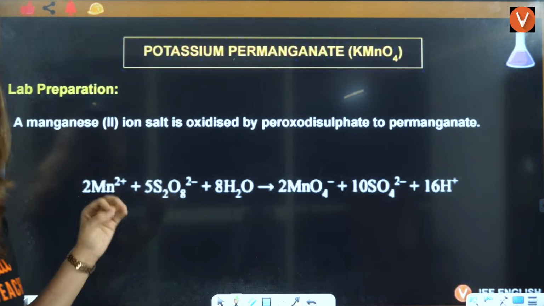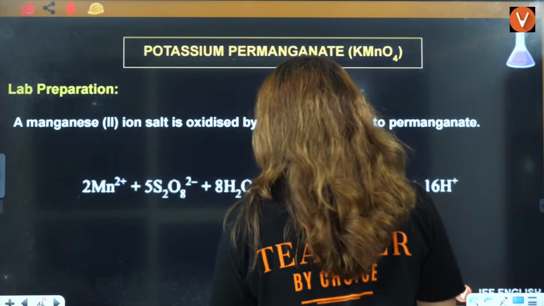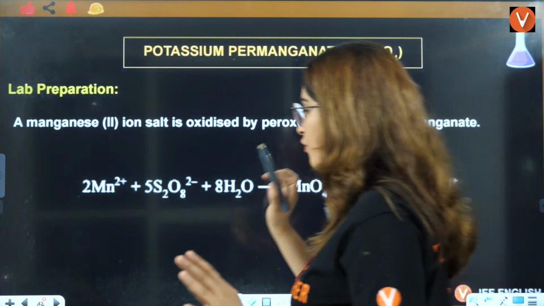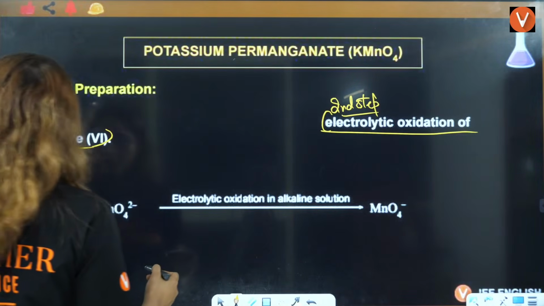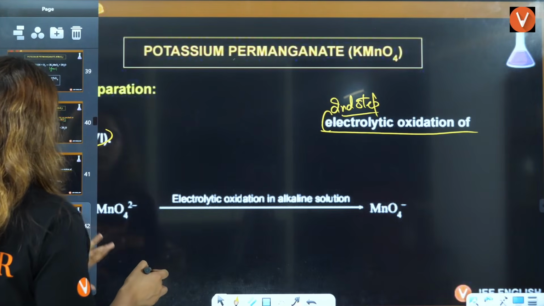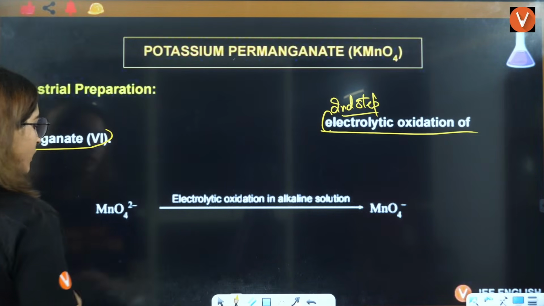Third is the lab preparation, how you will do it. Before that, there is also one more way of converting this.